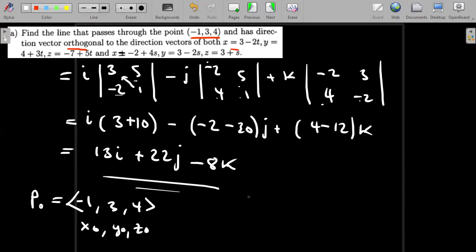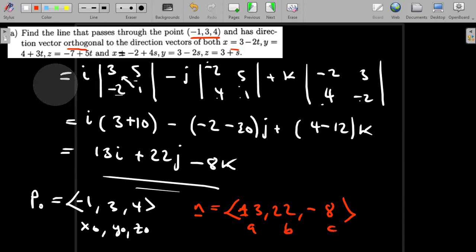So to find this line, my N, which represents the direction, is just the vector I found: 13, comma 22, comma negative 8. So this is my A, B, and my C.